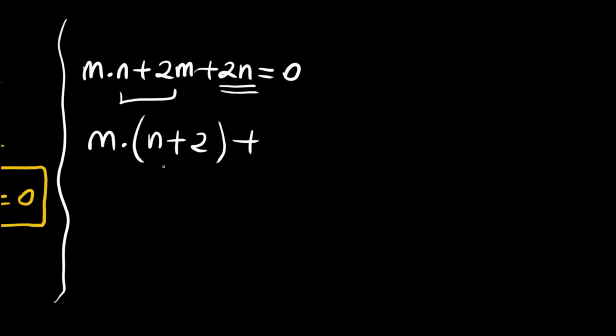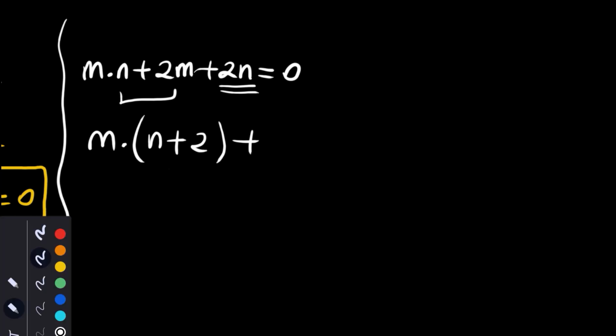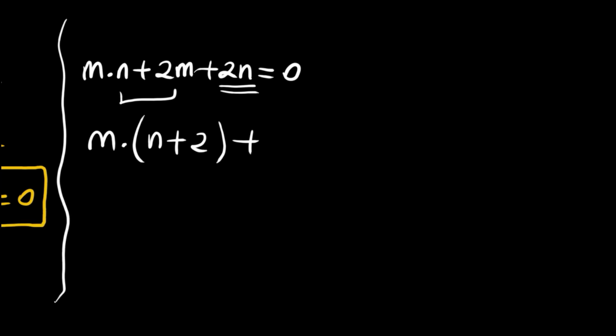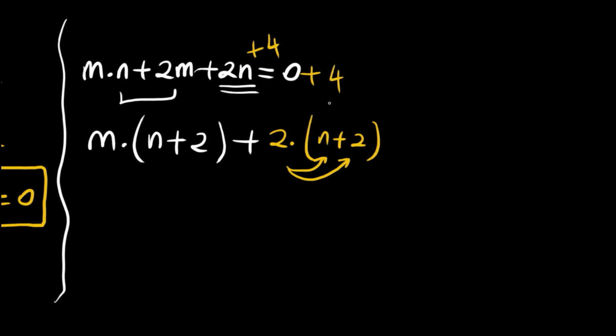To be able to factor out this n plus 2, we need 2 times n plus 2, since we have 2n already. Now this is equal to 2n plus 4. So adding 4 to both sides, we have factored this 2 and write 2 times n plus 2. This is equal to 4.